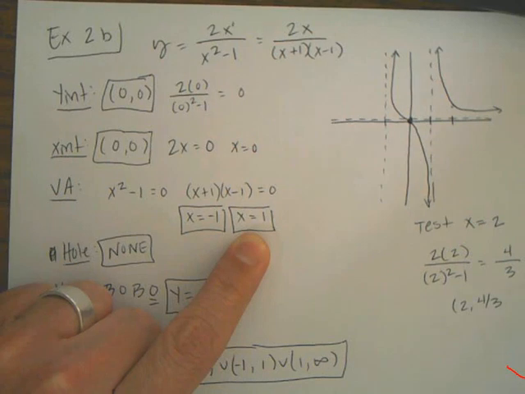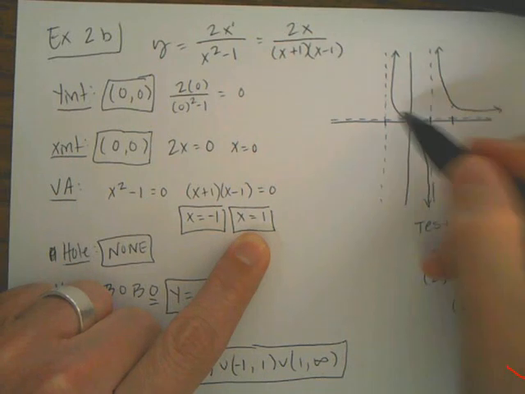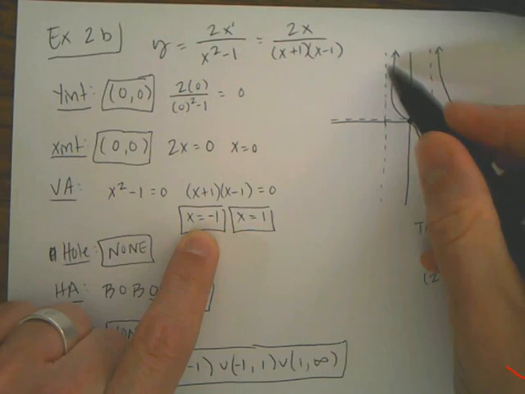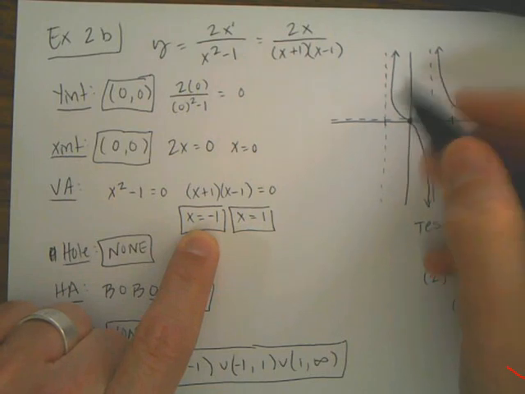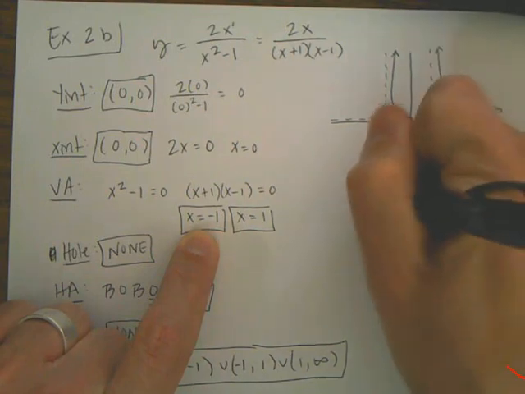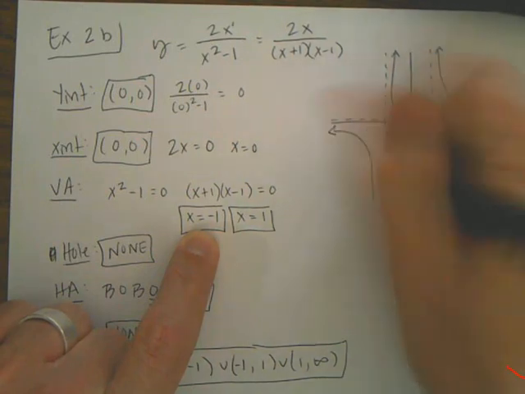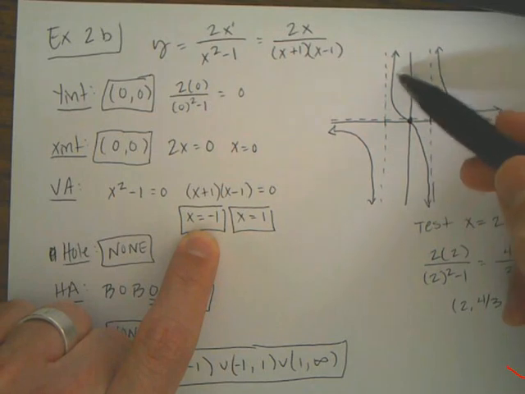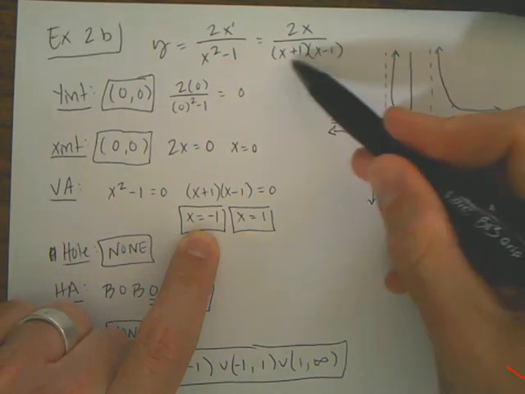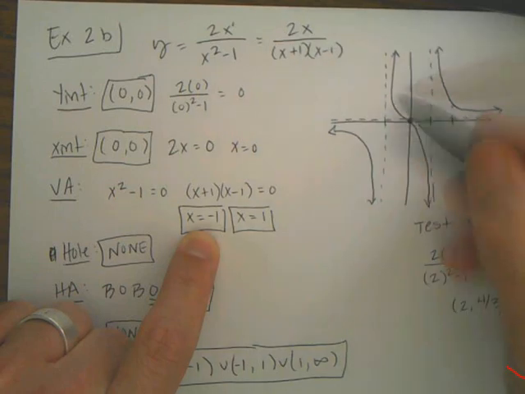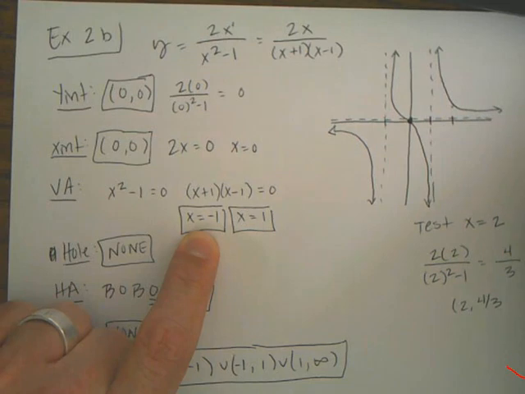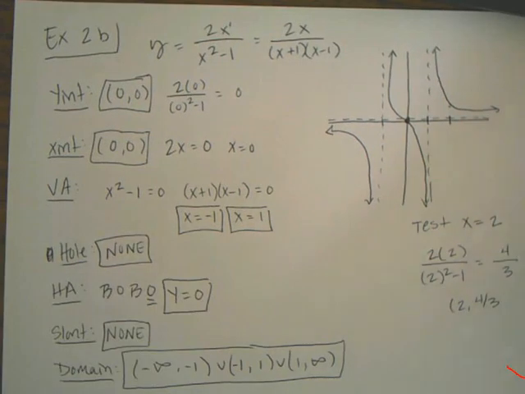Now we also know that this x asymptote has a multiplicity of 1, so therefore it has to be on the opposite side as well. Look in the notes about multiplicity to get more information about what I'm talking about. If this was like x minus 1 squared, then it would be on the same side right here. We'll see one of those possibly here in a minute. All right, that's all we need to do.